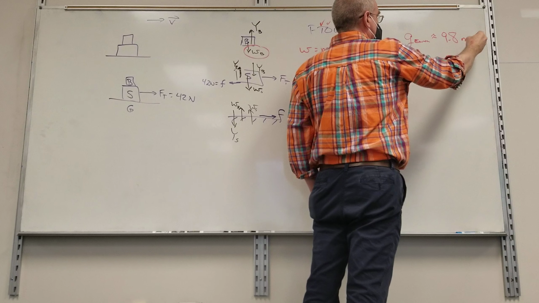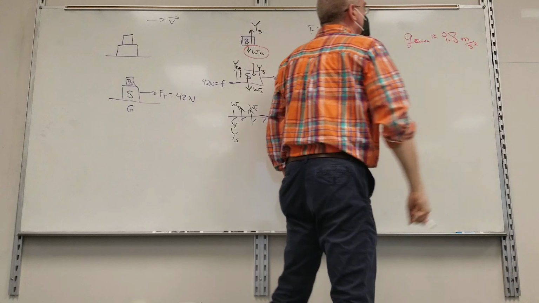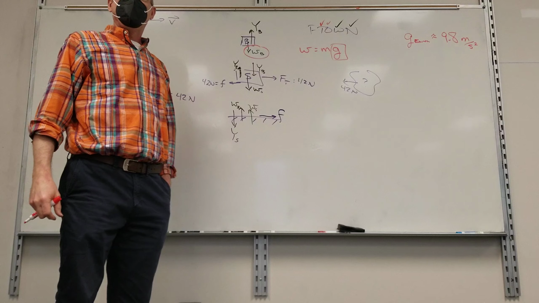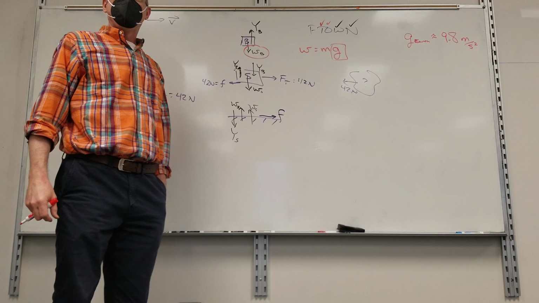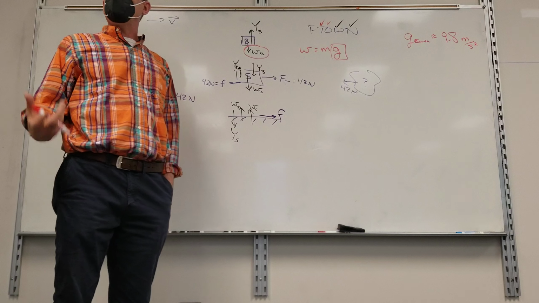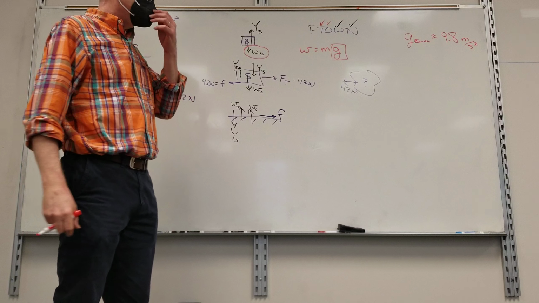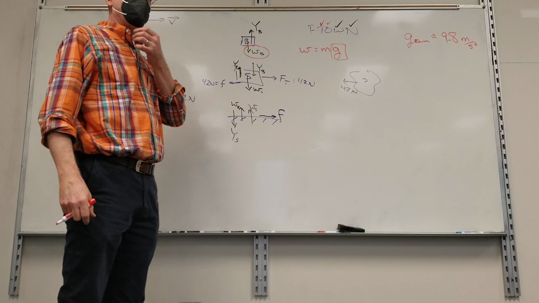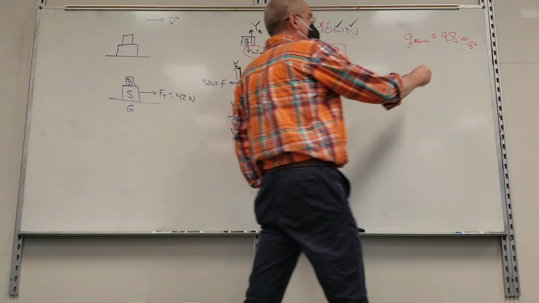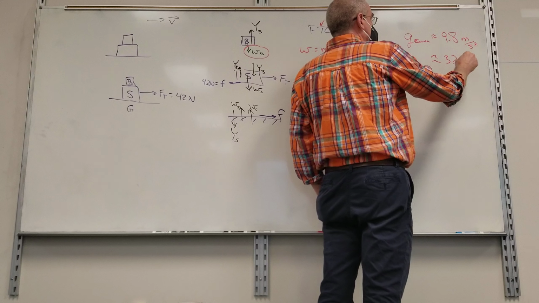Squared. Yep, squared. What about in US customary units? What is it with feet and seconds? You sometimes see this in math class, although judging from past students, they don't really explain where the number comes from. But it's approximately 32 feet per second squared.